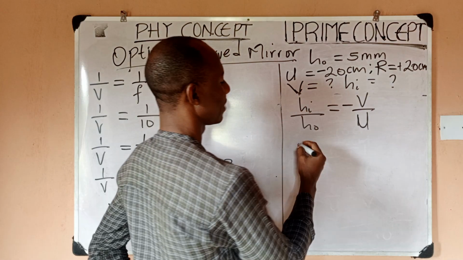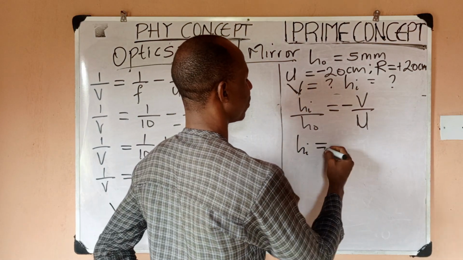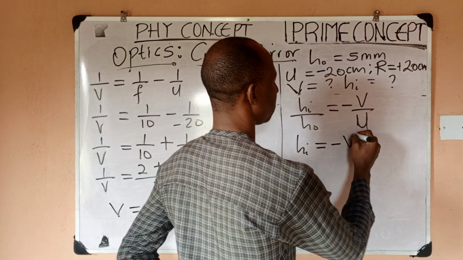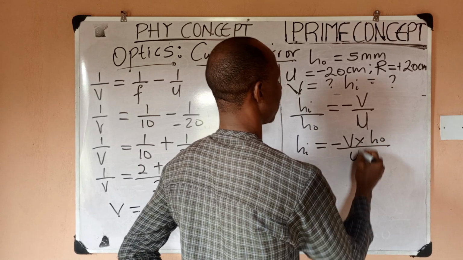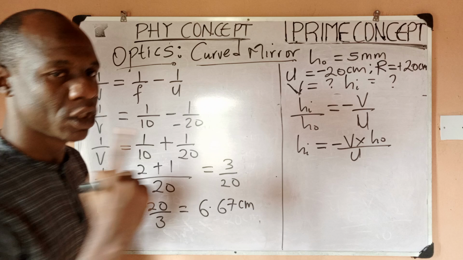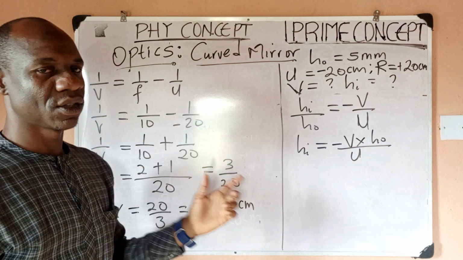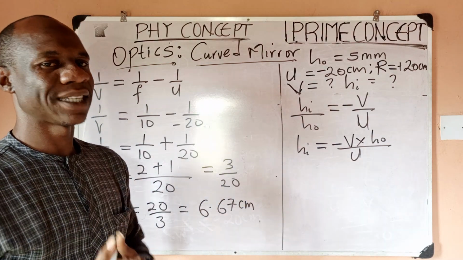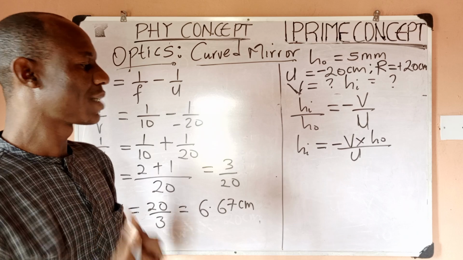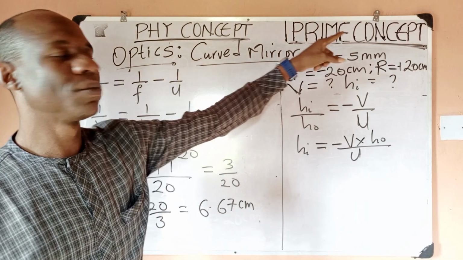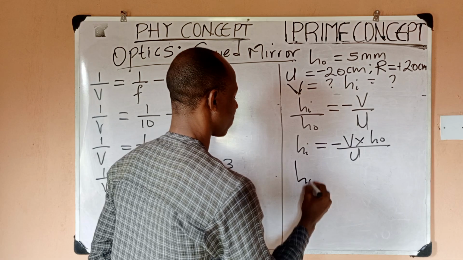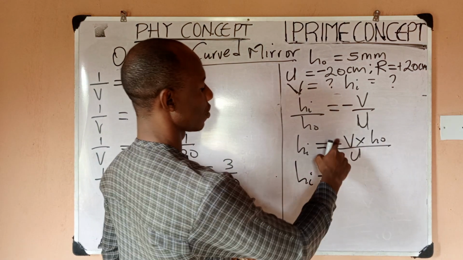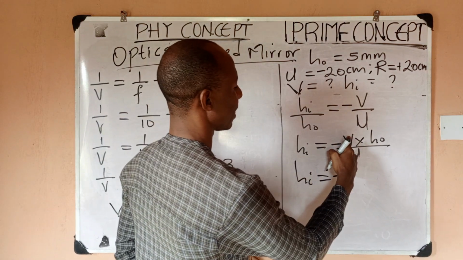Give your reason. And let's check. We want to find the height of the image. So our height of image is going to be minus v times height of object divided by u. Now, I'm not going to convert. Some students may jump into conversion. I'm not going to convert because at the end of the day, I'll still get the height of my image in millimeter. So let's see the reason why you don't necessarily need to convert. So I have minus. What is my v?